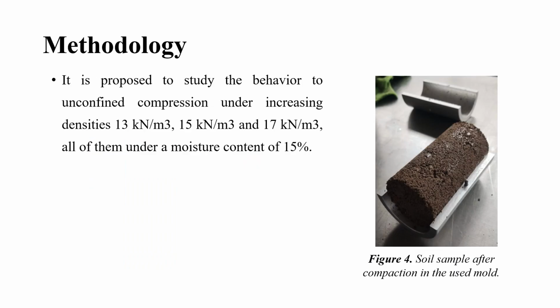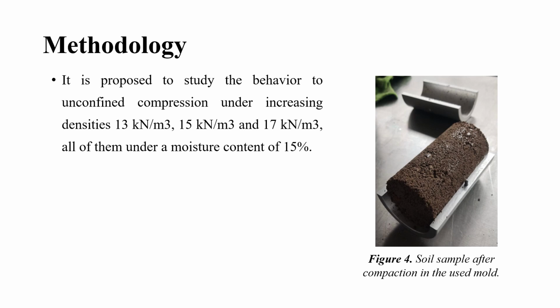As has been said, we want to understand the relationship between the soil density and the simple compression resistance of soils built up at any moisture content. We began by analyzing the strength of the material under a certain constant moisture content.